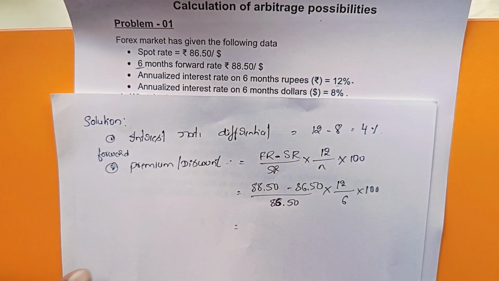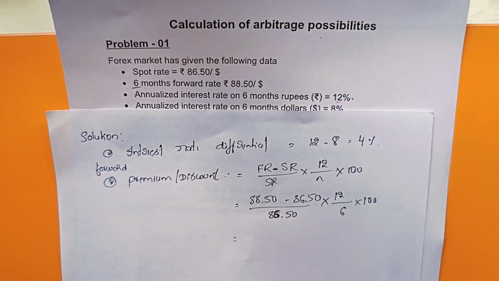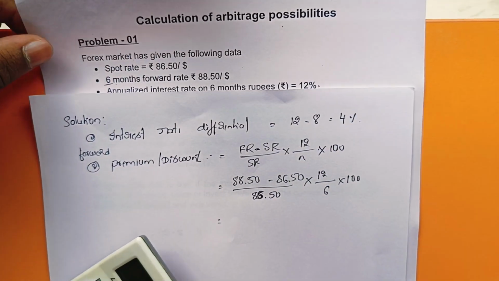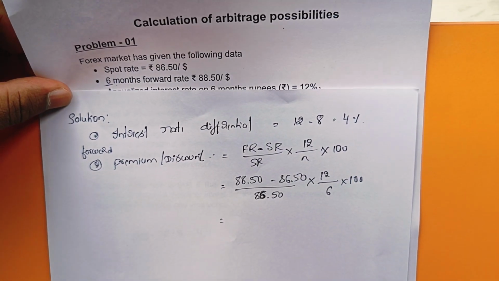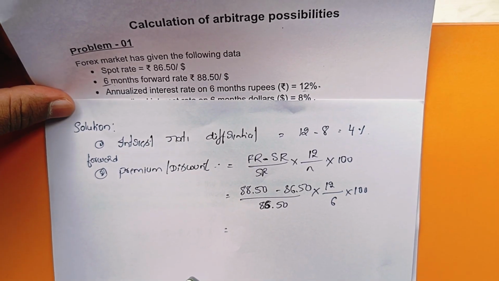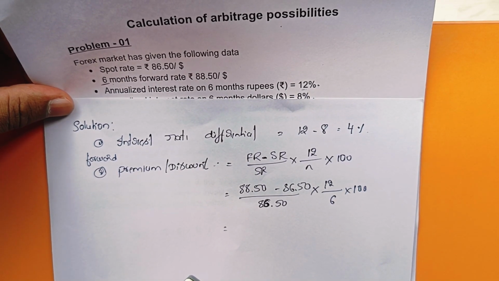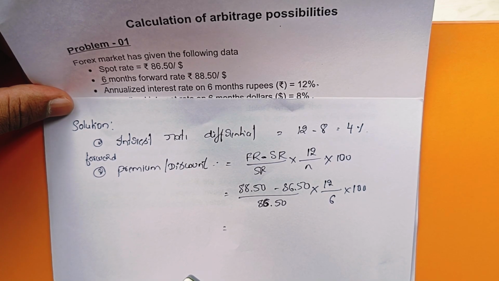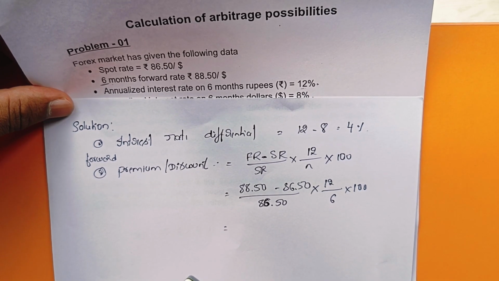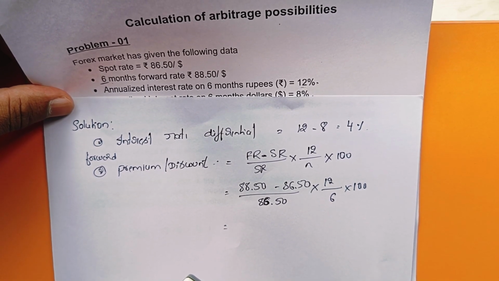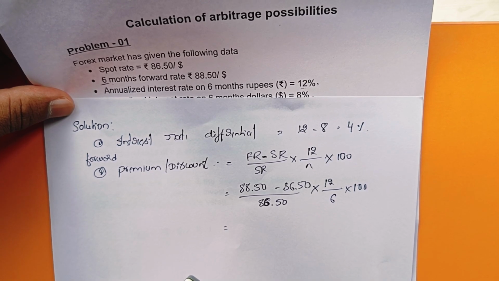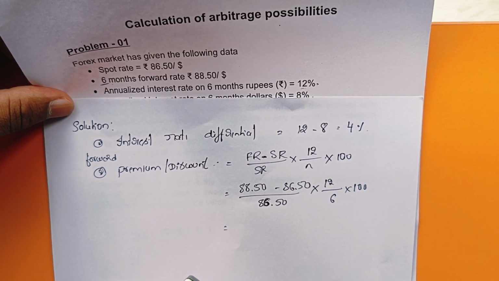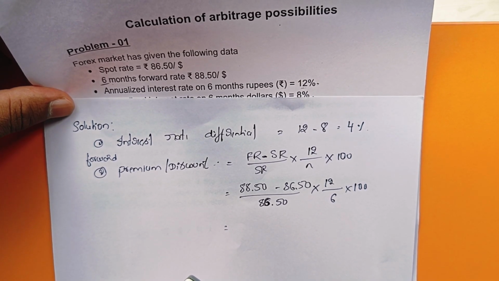Do the calculation. And remember, this problem is very important, and definitely this problem will come for examination. 88.50 minus 86.5, divided by 86.50, into 12 by 6, into 100.